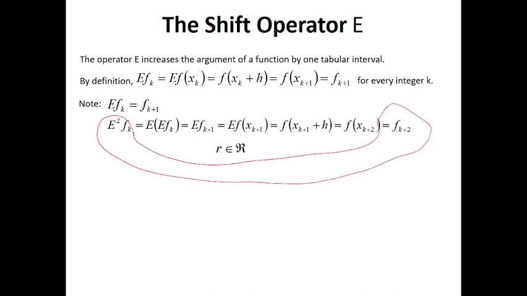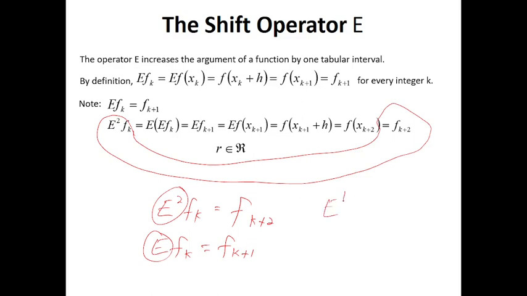Ito ngayon yung importante nalaman natin. E squared f sub k is simply f sub k plus 2. So, nawala yung E squared, nadagdagan ng 2 dito, naging k plus 2. Kanina, nawala yung E, nadagdagan ng plus 1 dun sa k. Nakita niyo yung pattern? Sabihin niyan, kung ito ay r, E to the r f sub k, magiging f sub k plus r.